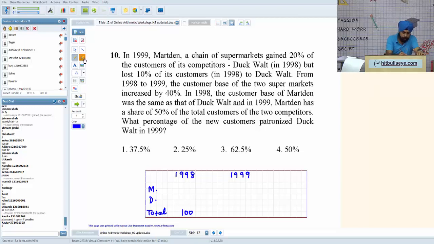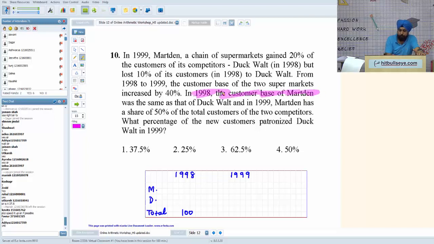The question says in 98 the customer base of M was the same as that of D, right? So market share was the same. This means 100, we can take it to be 50 and 50. And then it says the customer base increased by 40%. So we can say the new total in 99 will be 140.